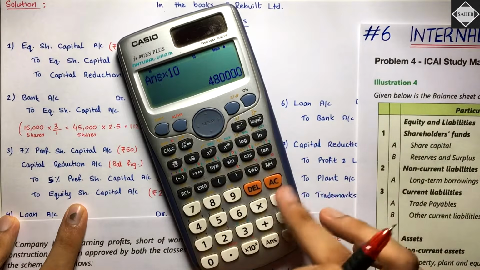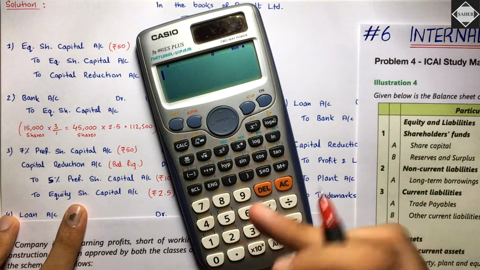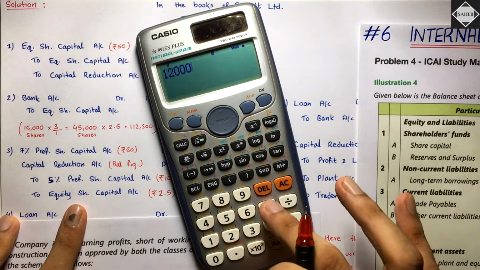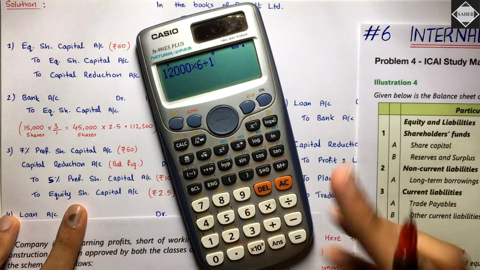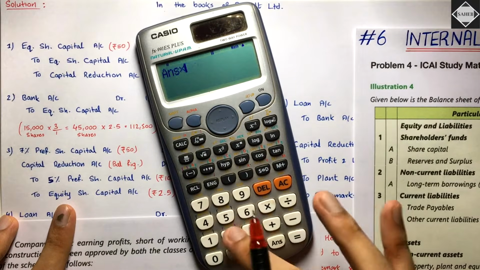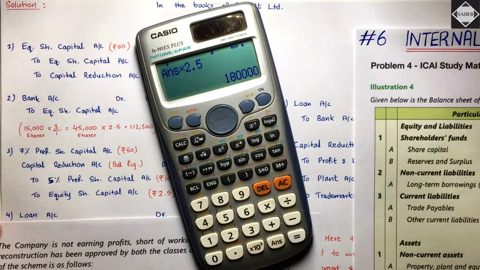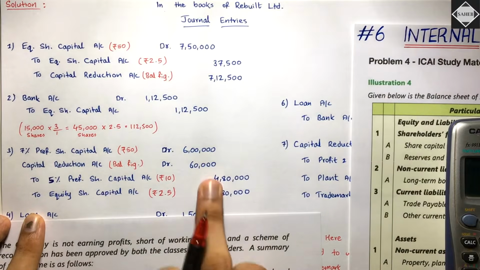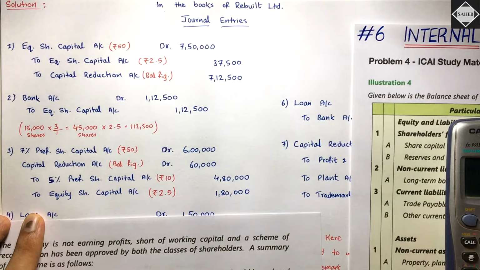Regarding equity shares, 72,000 new shares were issued, 12,000 into 6 for every one, at 2.5, which is equal to 1,80,000.